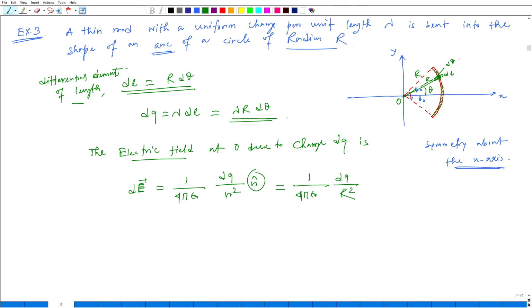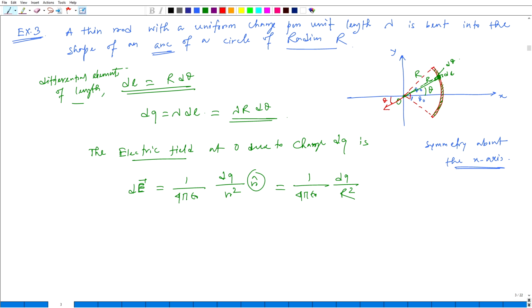If we draw the electric field line at point O, it is in this direction. This is theta, and this one is also theta. Now we split into i cap and j cap, projecting onto the x axis and y axis.